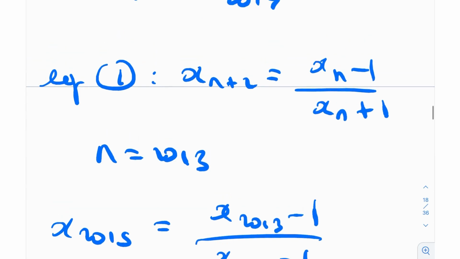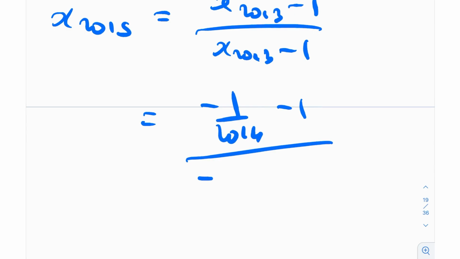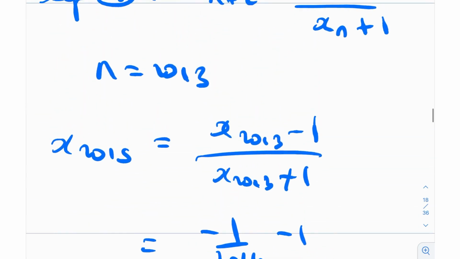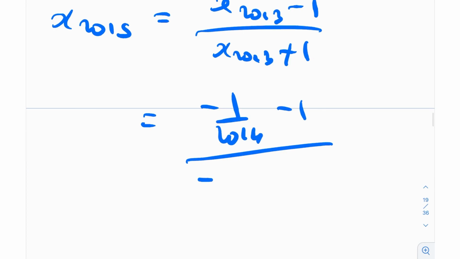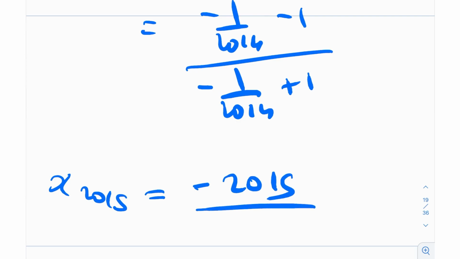And I do know the value of x2013, which is (negative 1 by 2014 - 1) divided by, this should be actually plus 1 over here. Yeah. Divided by (negative 1 over 2014 + 1). And once you really simplify that, you'll get x2015 as negative 2015 over 2013, which is the desired answer.